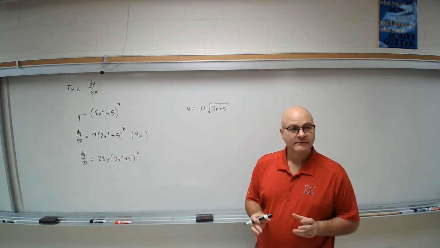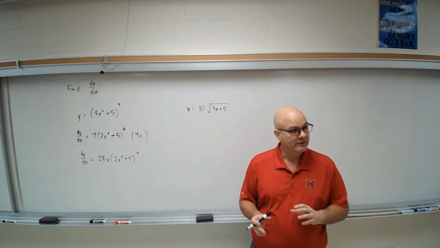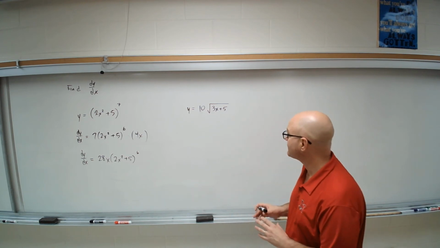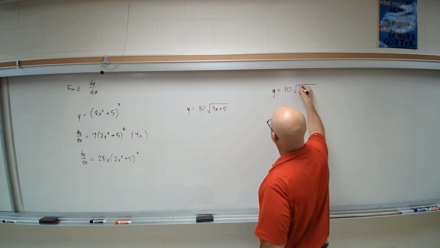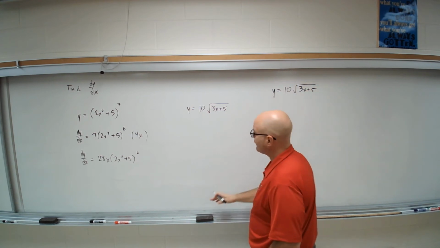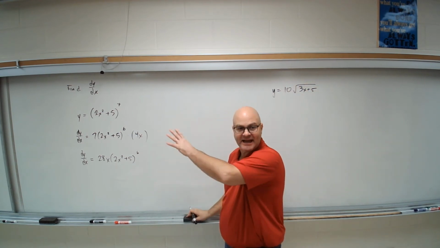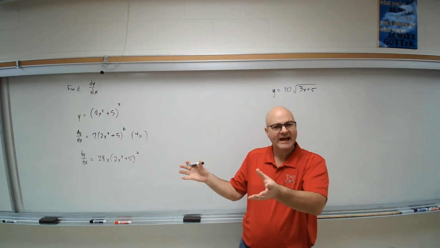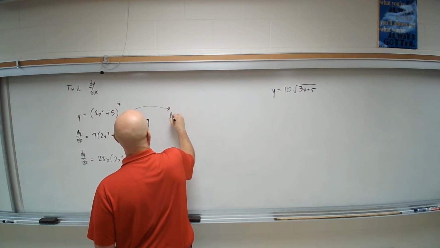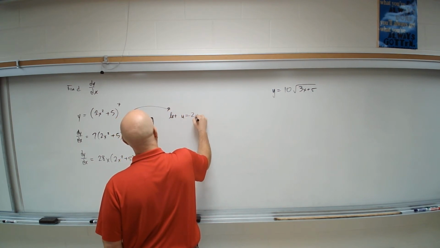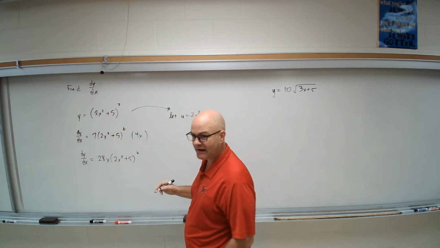Yeah? Did you want to see it with u substitution? We could do that. So if we look at it with the u substitution, let's scoot this down a little bit here. So this was sort of the outside in technique, which is probably where you're going to head towards. But let's say that we're not okay with that. Let's say we're going to let u be the inner function, 2x squared plus 5.